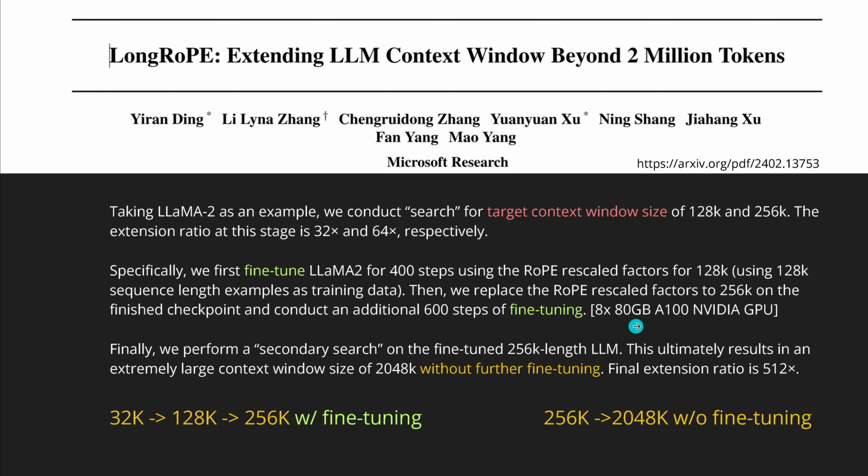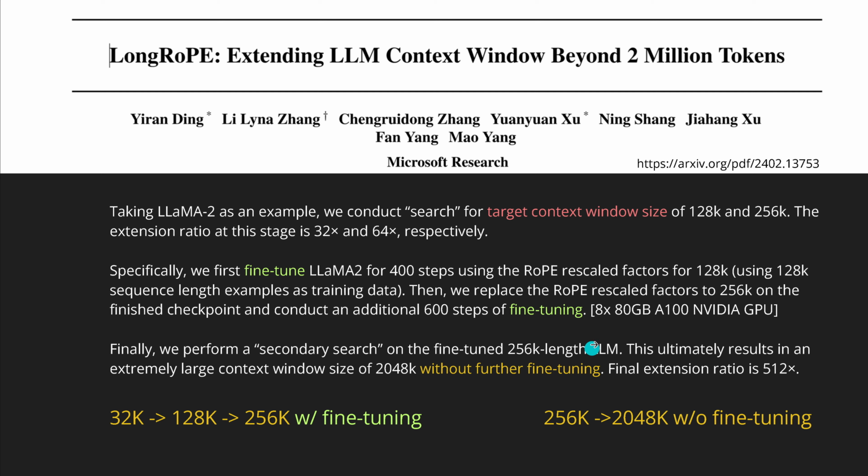So, and Microsoft tells us, hey, this ultimately results in an extreme large context size window of 2 million token without any further fine-tuning. Interestingly, they do not even fine-tune their final results, because now it will get really expensive if you run this now for, let's say, 2 days, maybe.